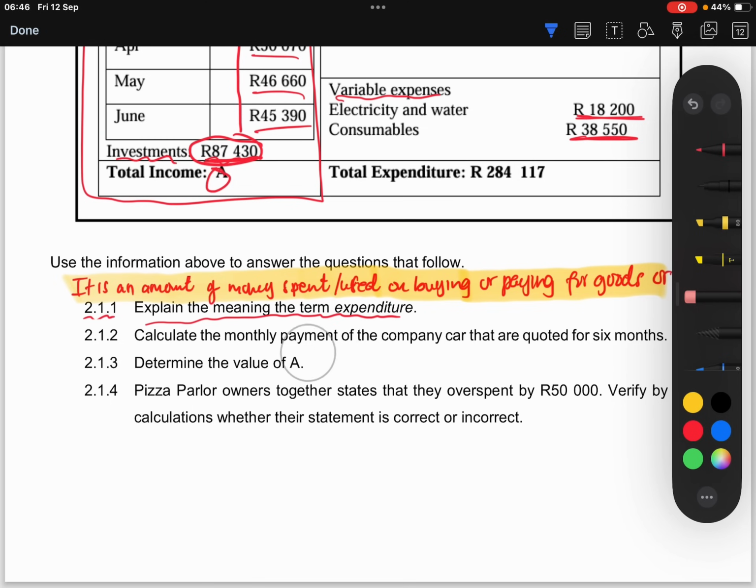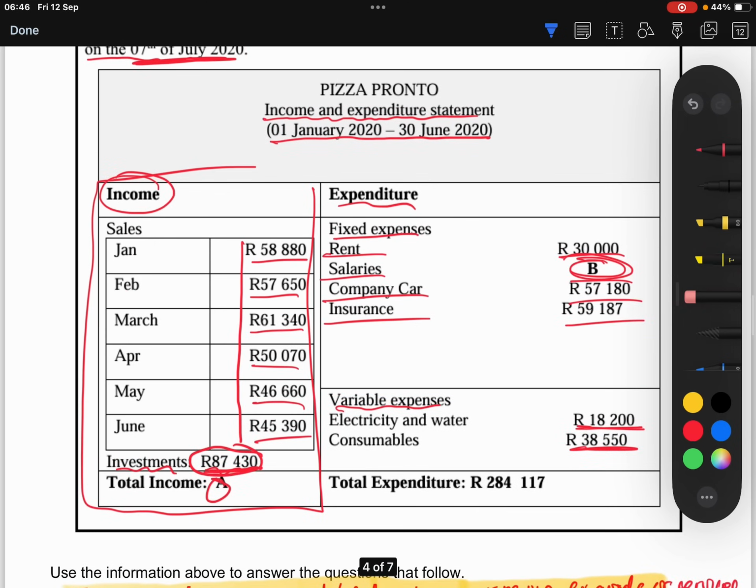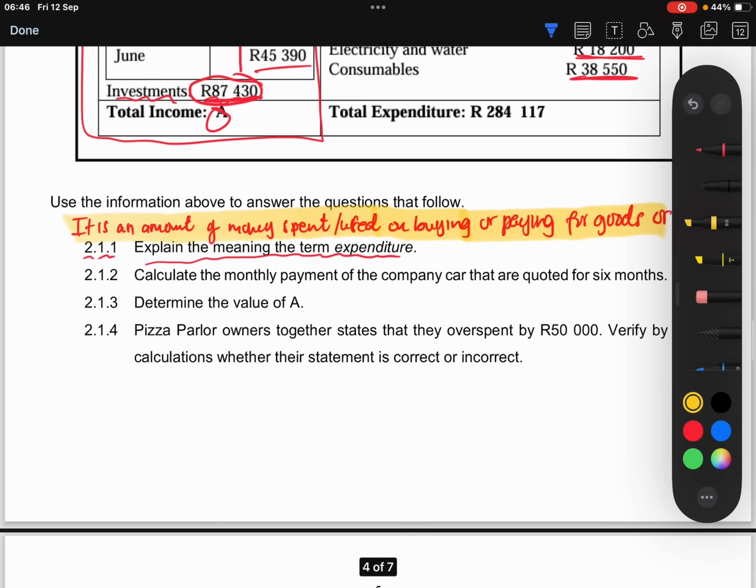2.1.2: calculate the monthly payment of the car company, quoted for 6 months. The car company here is quoted at 57,180.